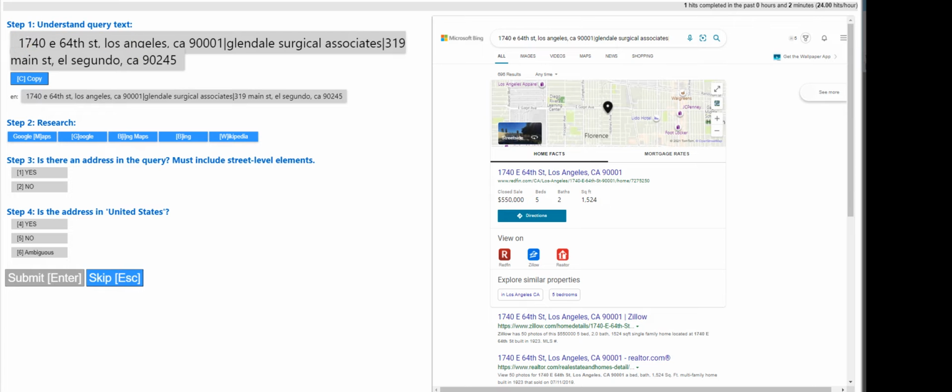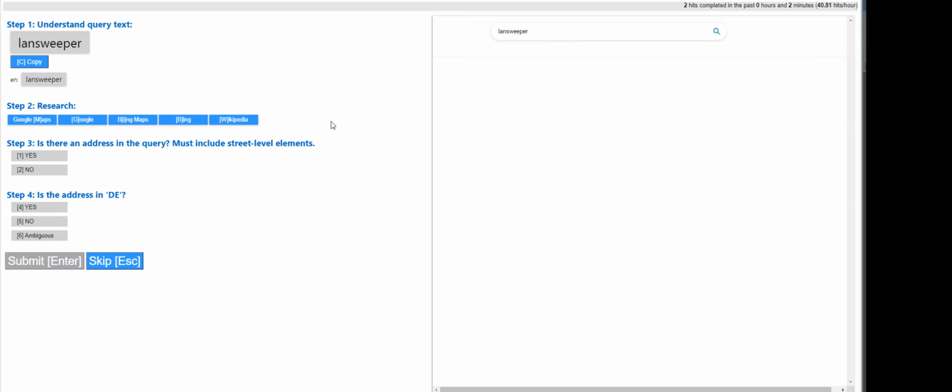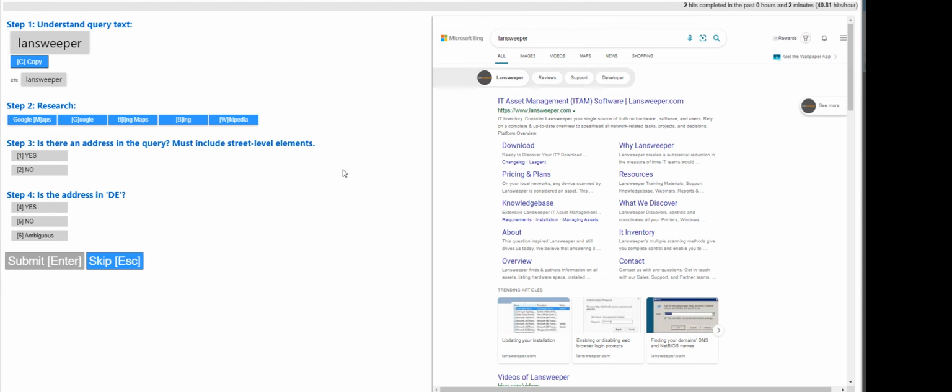It has the number, it has the name. It says if it is a street, a road, or a lane. So it is a yes. Question number four: is the address in the United States? California, yep, it is in the US. So just click submit.